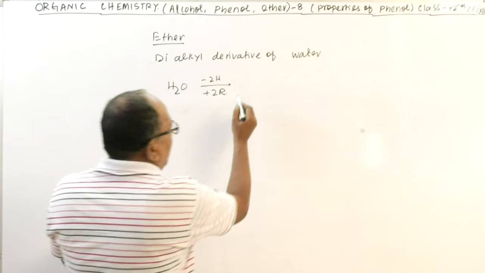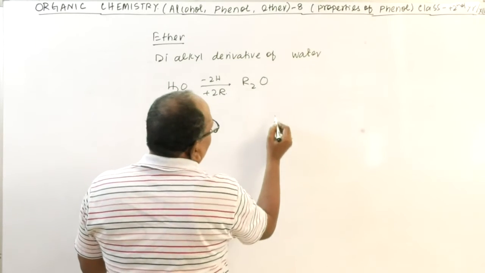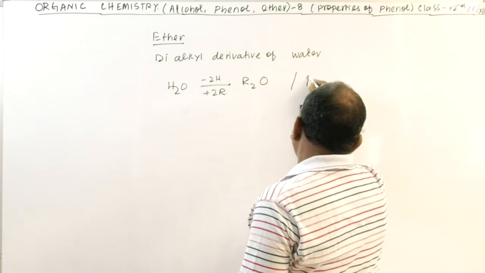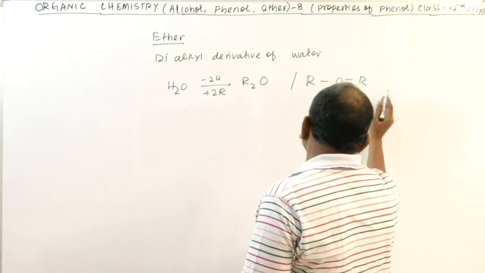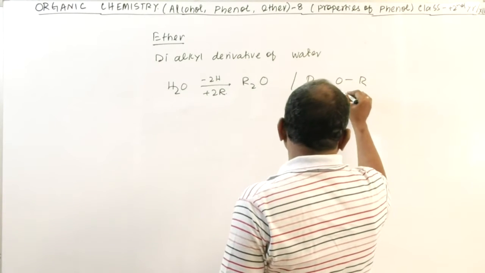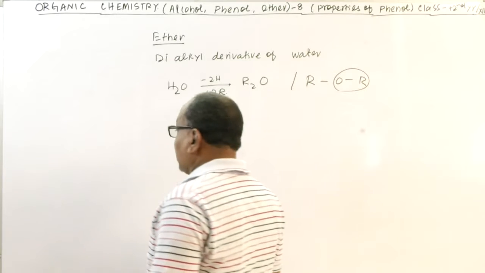What will it become? R2O, that means ROR. So this is the alkoxy derivative of alkyl.